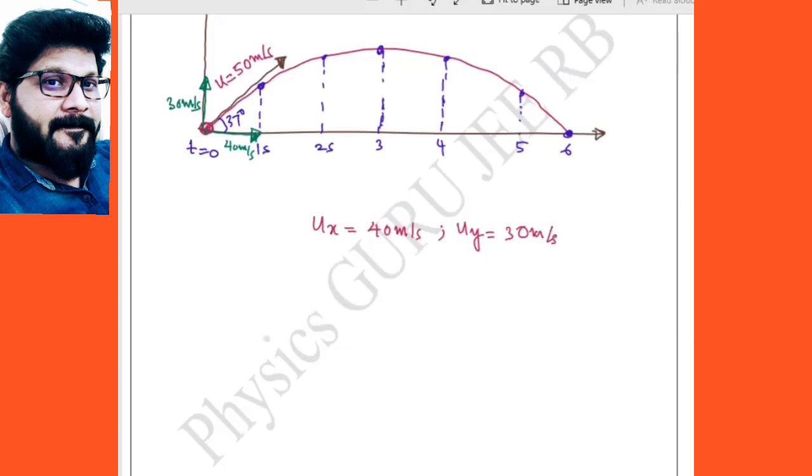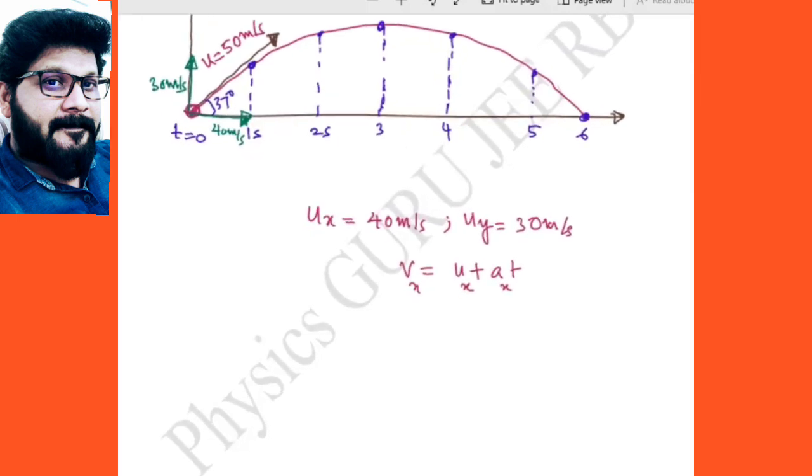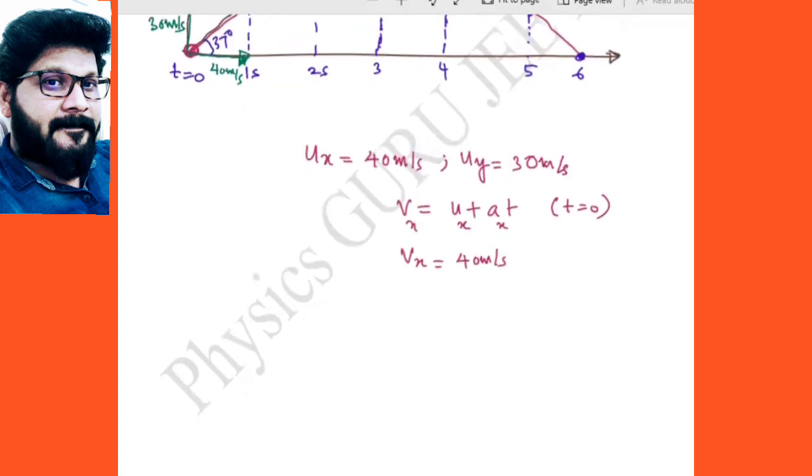If you want velocity after t seconds, let us take v equals u plus at. For the x component, vx equals ux plus ax t, and at time t equal to 0, vx becomes ux, which is 40 meter per second, and vy equals uy plus ay into t.